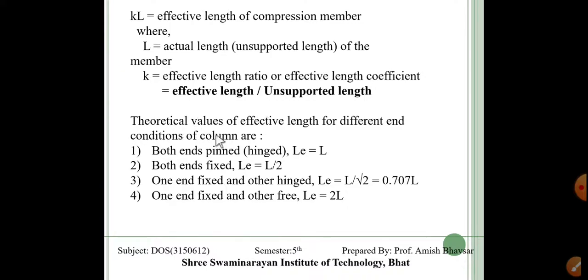The theoretical values of the effective length for the different end conditions are: both ends pinned, LE is equal to L; both ends fixed, LE is equal to L by 2; one end fixed and the other hinged, LE is equal to L by root 2; and one end fixed and the other free, LE is equal to 2L. These are the values for these standard cases.